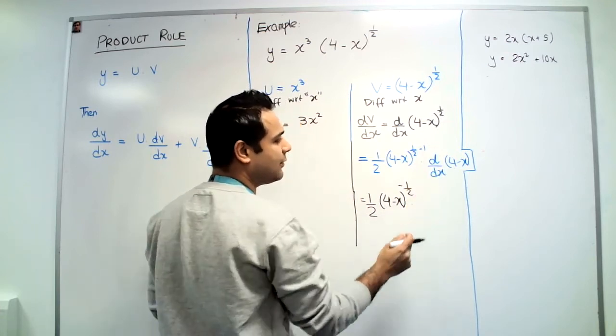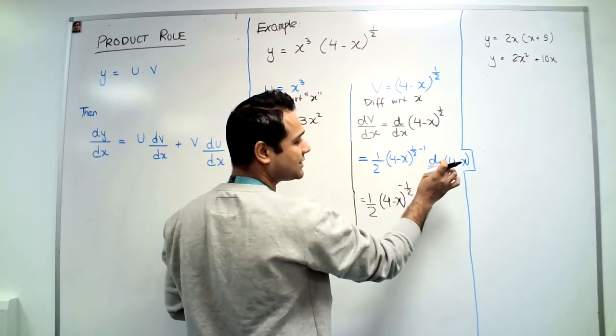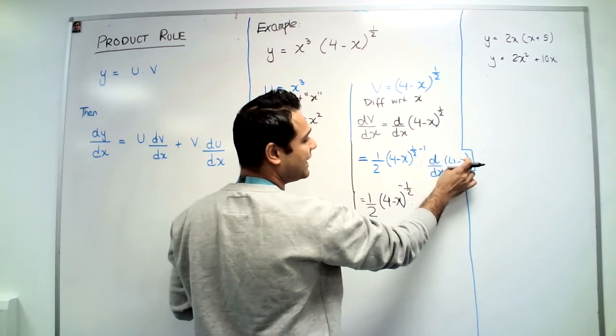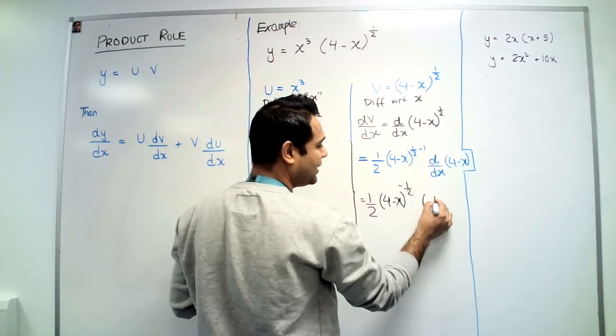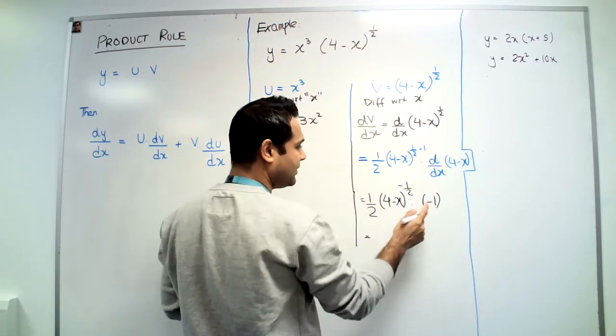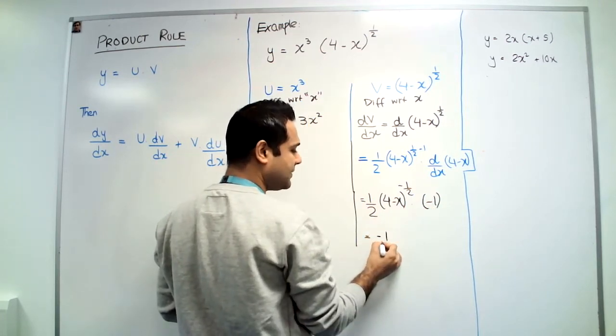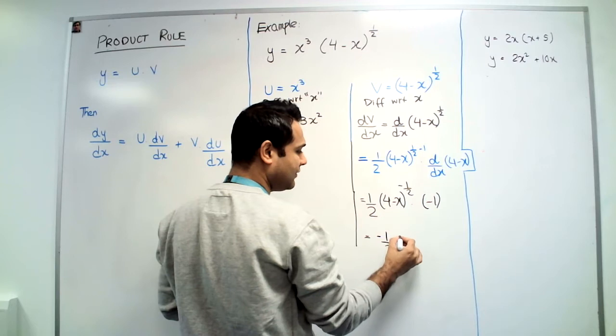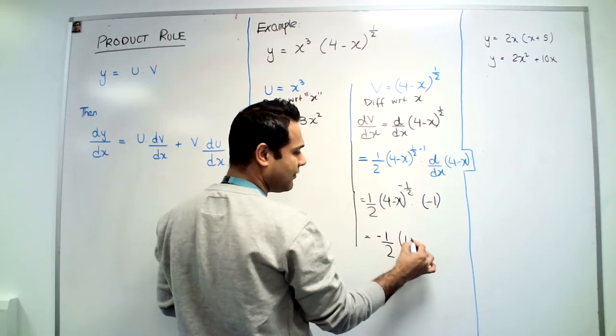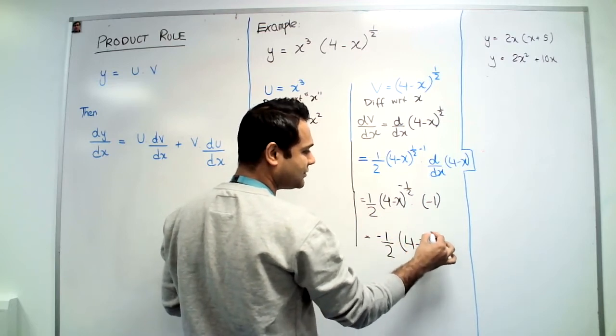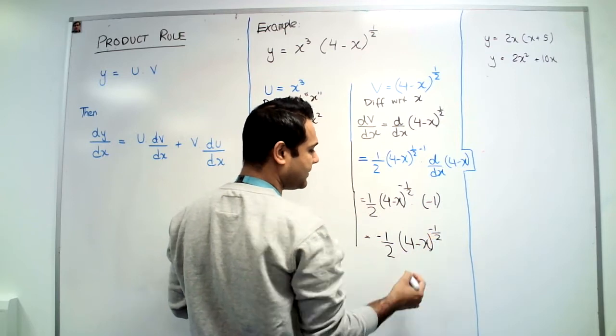When you differentiate that one, d over dx of 4 is just 0, d over dx of minus x is just minus 1. So minus 1 and half multiplies, it's going to give you minus half, and then you have 4 minus x to the power of that bit.